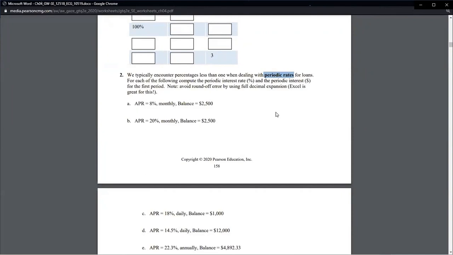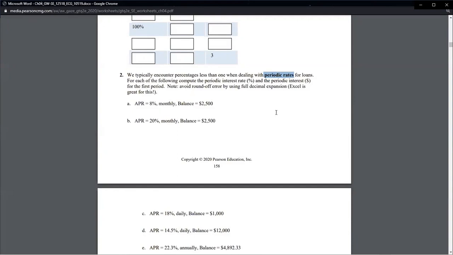But we know that when we compound monthly instead of yearly, we end up gaining a little bit more money. We did that at the very beginning of the semester. So again, these periodic rates, this is something we're going to see over and over moving forward. And these are typically smaller numbers because our annual rates are usually like 4, 5, 10, 20. And when you divide those by 12 or 365 or whatever, they become significantly small.